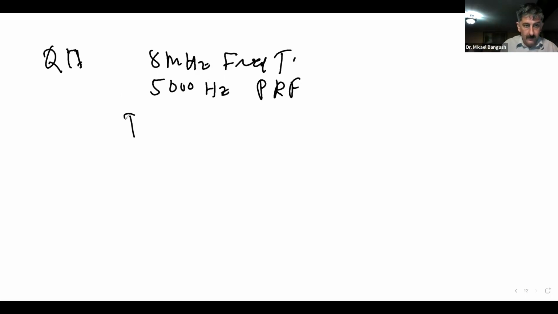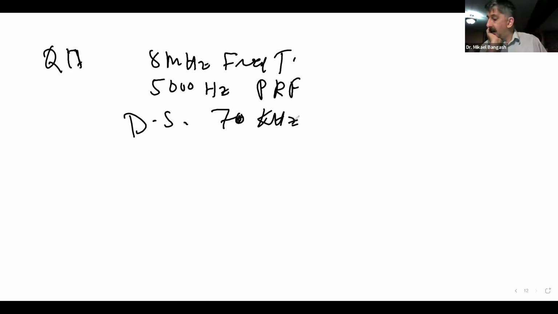So our Doppler shift is 7 kilohertz. Now they say the same study is repeated with a 4 megahertz frequency transducer.